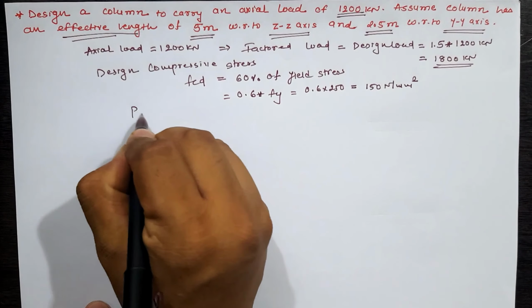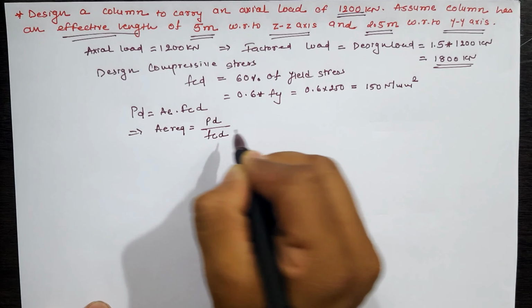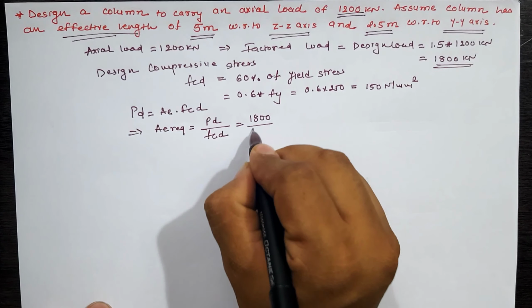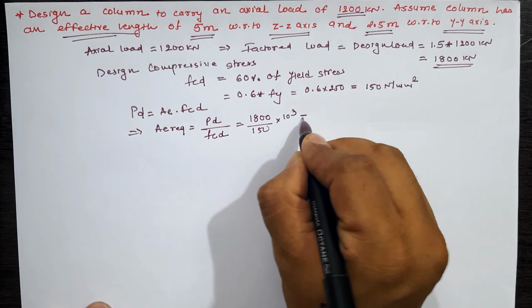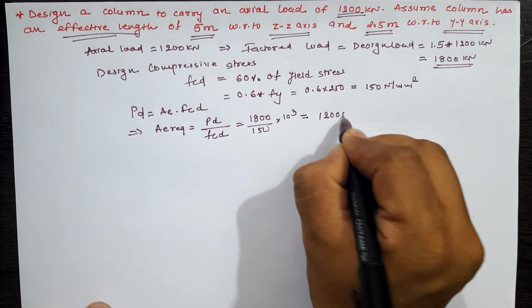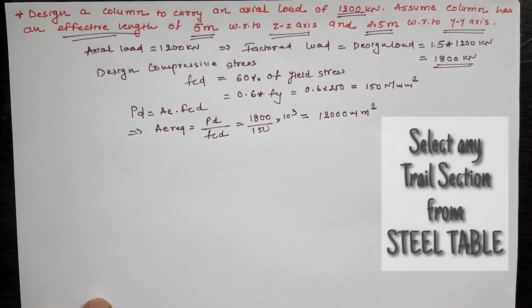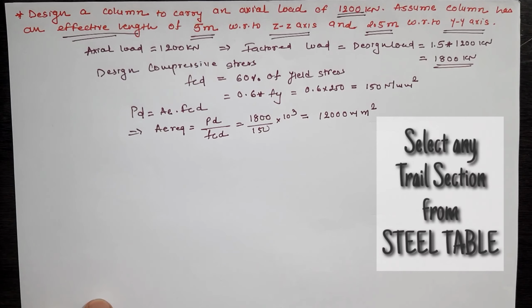Now our equation is Pd is equal to Ae into fcd. It means that the effective area required is equal to the design load divided by the design compressive stress, which is equal to 12,000 mm square. So let us choose one section from the steel table.